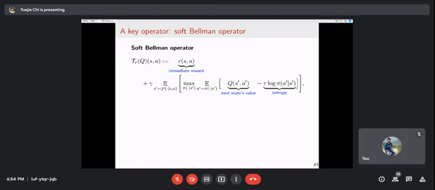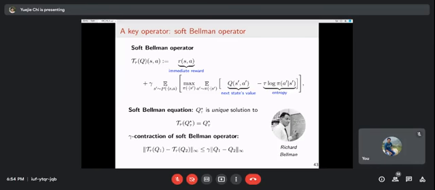It turned out that for our analysis of this entropy regularized problem, a key operator pops up, which can be thought of as a soft version of the Bellman operator, where we essentially modify the second term by adding in the impact of the entropy regularization.